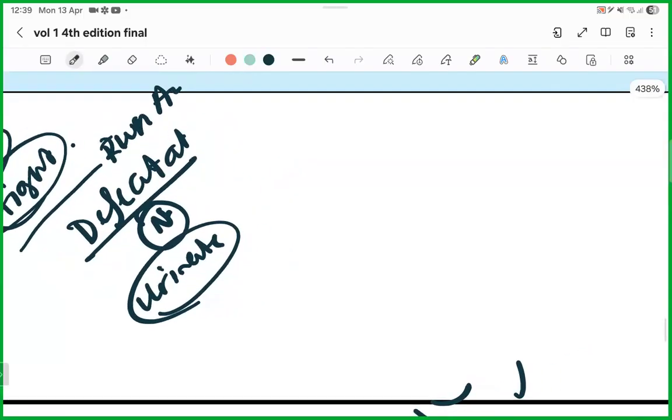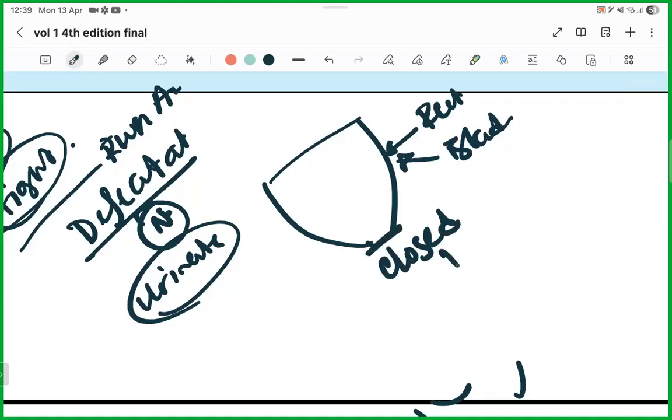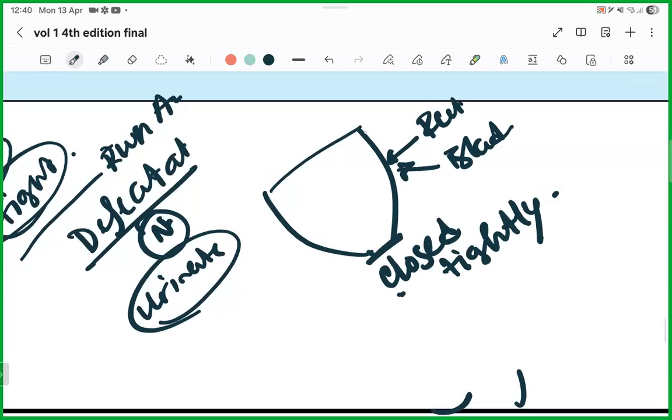So if this is a reservoir, either rectum or bladder, what will happen? The gate will be closed tightly, because this is not the time. Gate is closed, and the reservoir or the bag will relax.